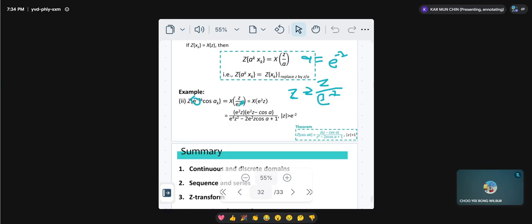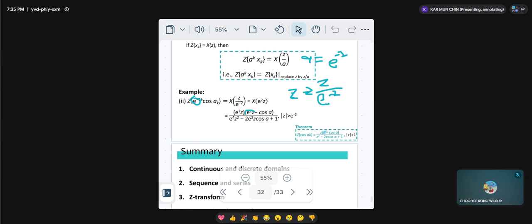Because 1 over exponential to the power of negative 2 will be exponential to the power of 2, so e square z. The z you replace with exponential square z.